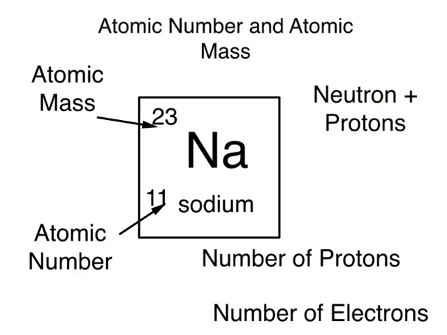The protons were also plus 1. Now we know we have 11 protons and we have a total mass of 23. So we need to do 23 minus 11, which will give us the number of neutrons that we have. So for sodium we have 12 neutrons.